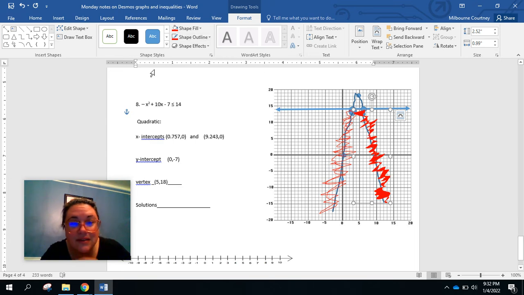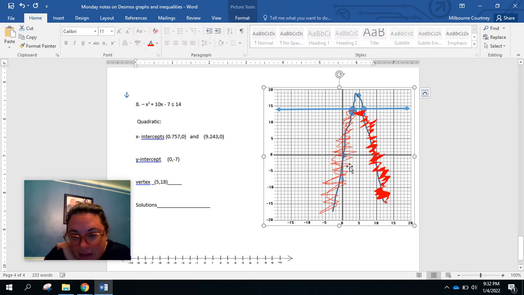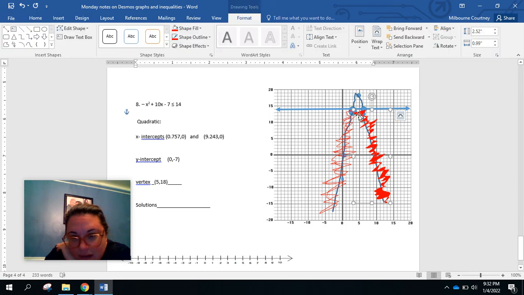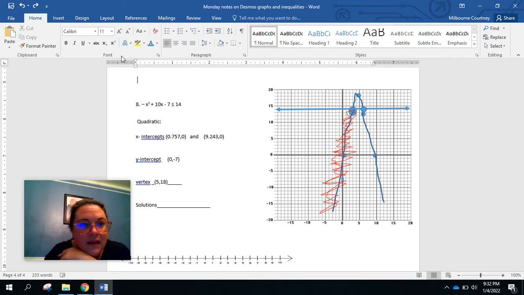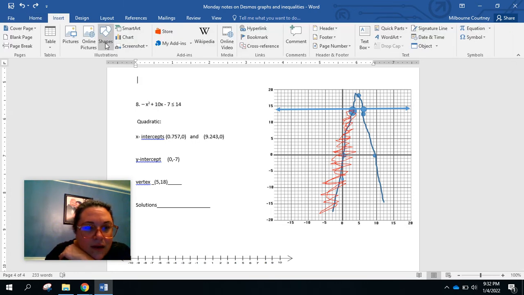God, I'm losing this today. So anywho, this is the 2 pieces. So you see that there's 2 pieces, right? I don't like that part right there. Let me undo that and try again.